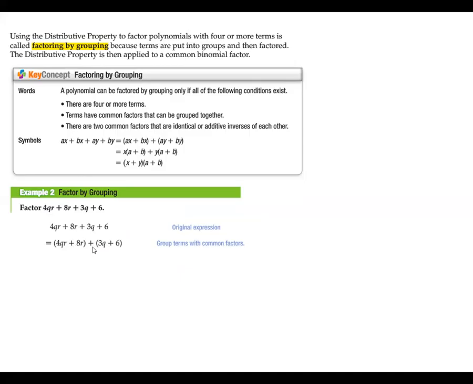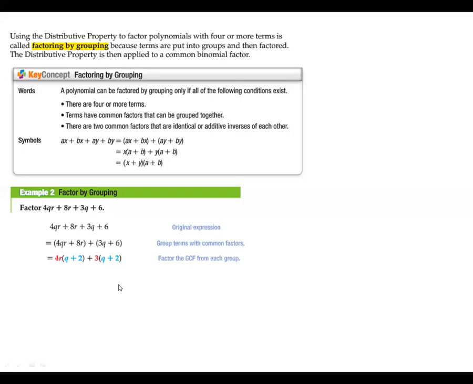So the first 2 terms have a common factor of 4 and r. So I can undistribute that from both of them. And the second group has a factor of 3 common to both of them. So I can undistribute that. Now notice that what's left over in both cases in the parentheses is the same thing.